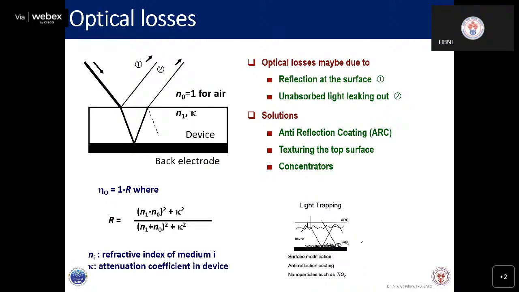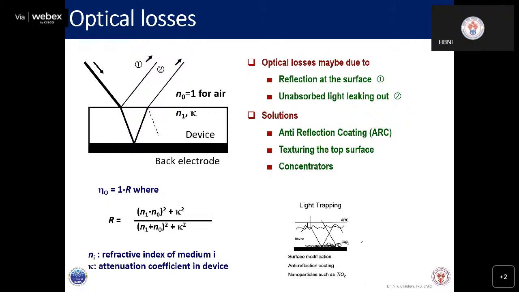What are the different losses? As I said, the first thing is absorption. If radiation is falling on a solar cell, what can it do? It can get absorbed, or it can get reflected away. If it is reflected, this is lost.